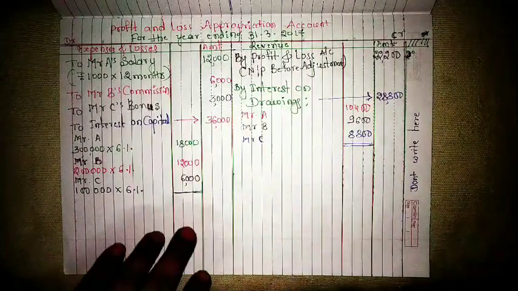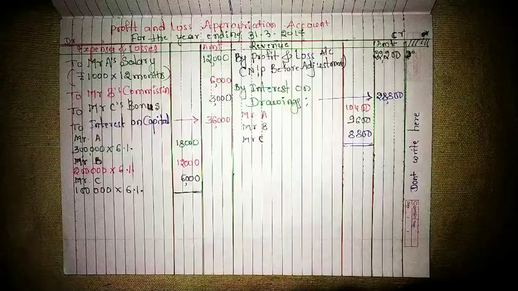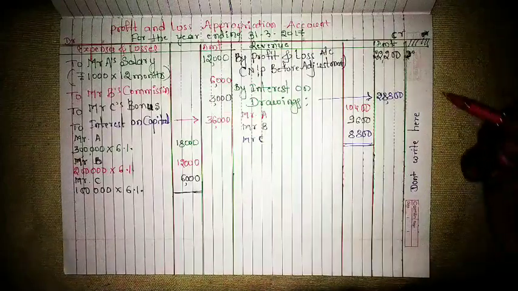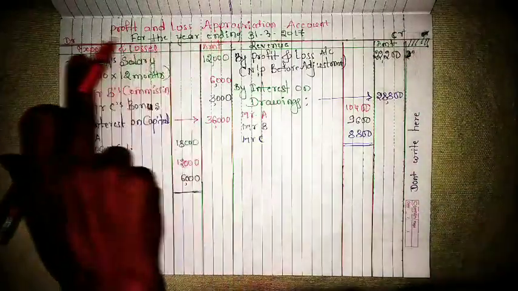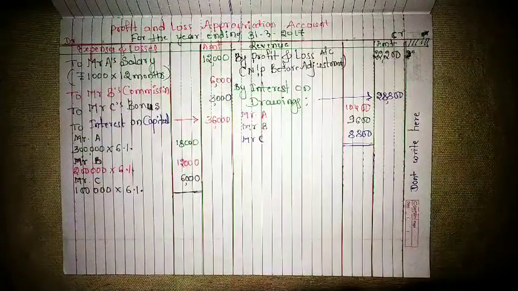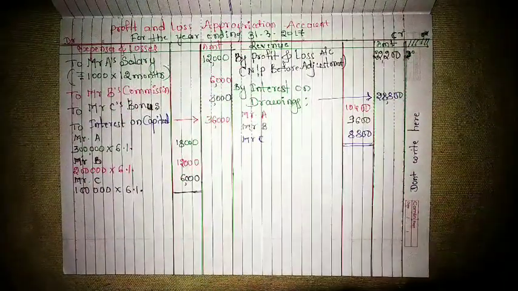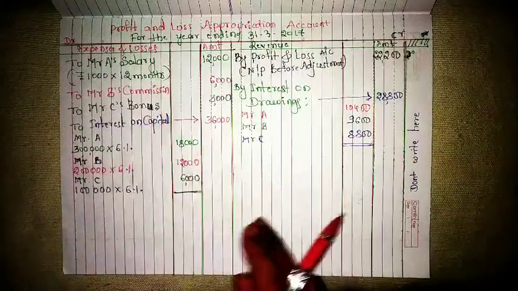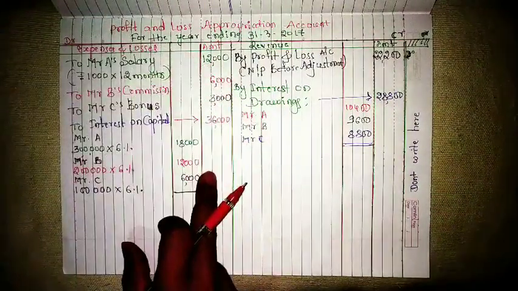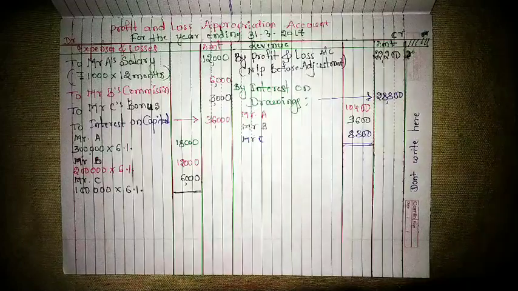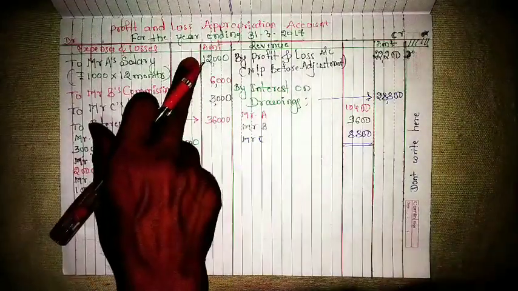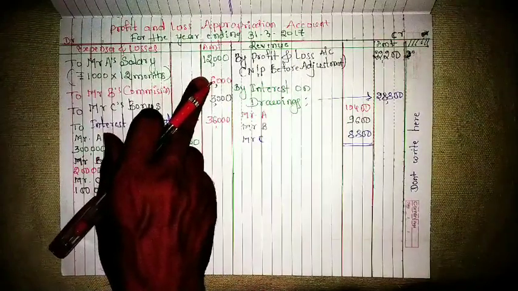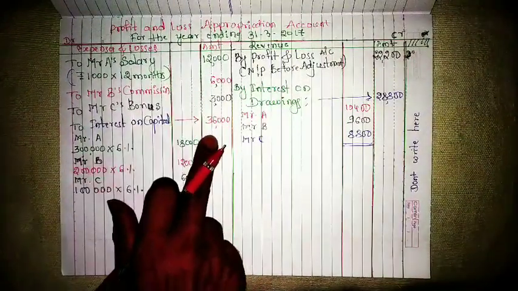Next, by. Now check it. Whether credit side is more or debit side is more. If credit side is more, there is a profit. But if debit side is more, loss. In this case, debit side is more. See, 12,000 plus 6,000 plus 3,000 plus 36,000.